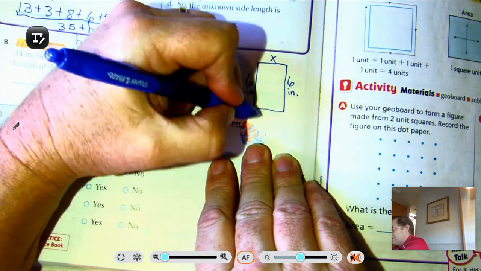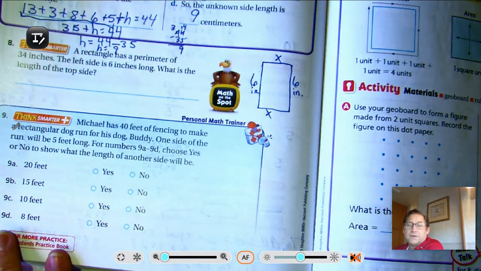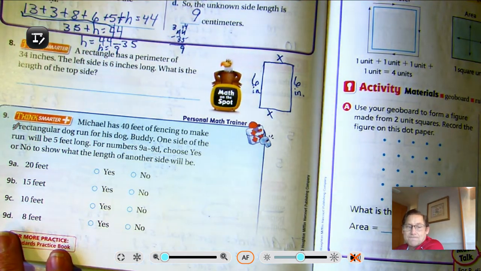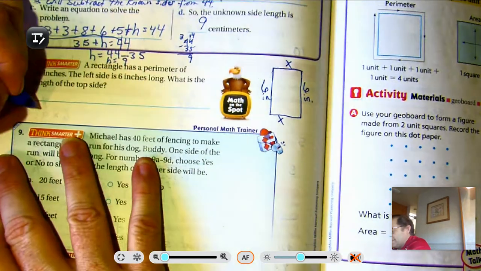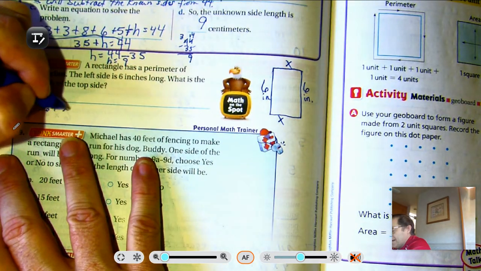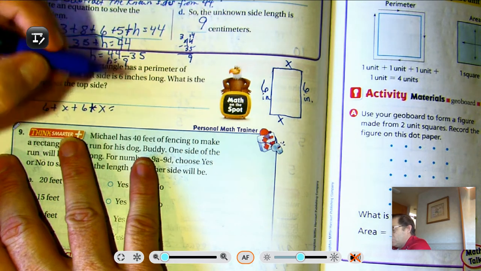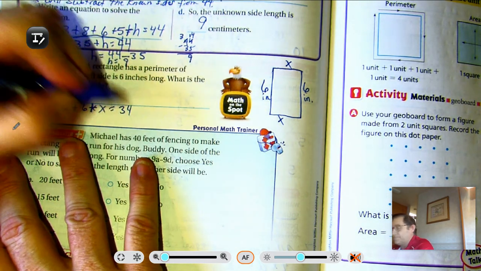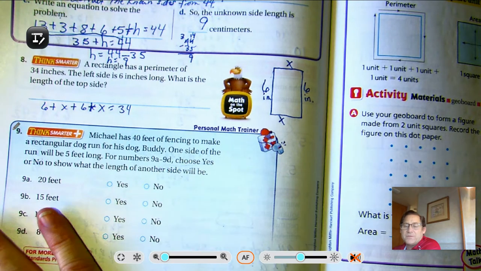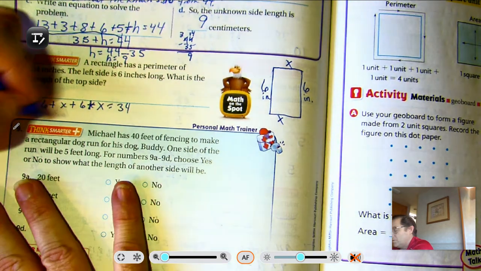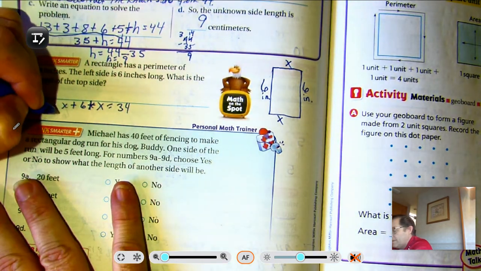These are the unknowns, right? So we know that 6 plus x plus 6 plus x equals 34. So what is the sum of the two sides we know? Well, 6 and 6 is 12, right?